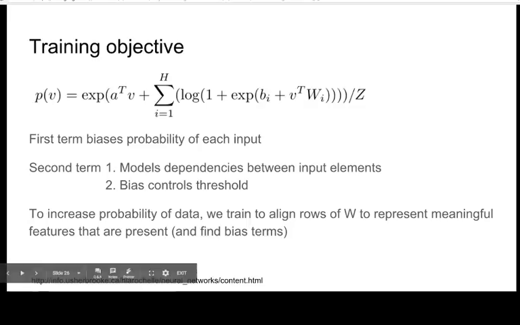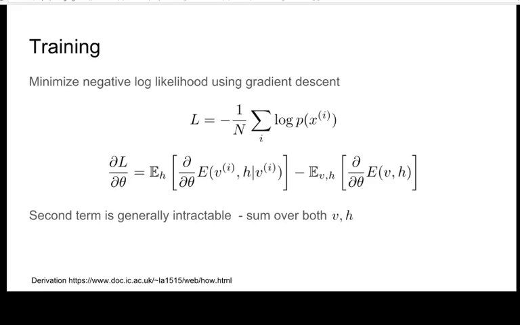So we want to align W to find meaningful features, and we want to find biases which are able to get something meaningful out of this. The training objective is standard, the negative log likelihood of the data. This should have been V. We use gradient descent. This is the gradient with respect to the parameters theta, which include weights and biases.